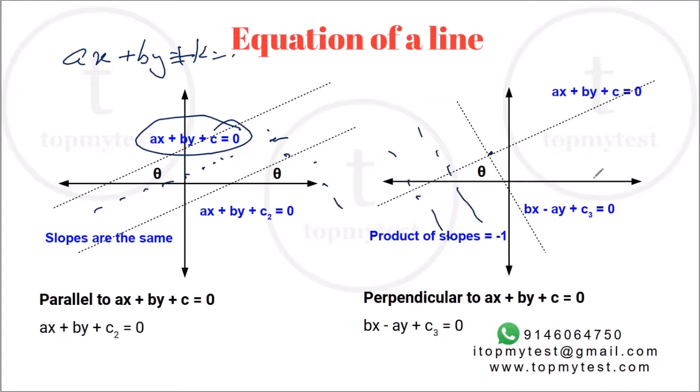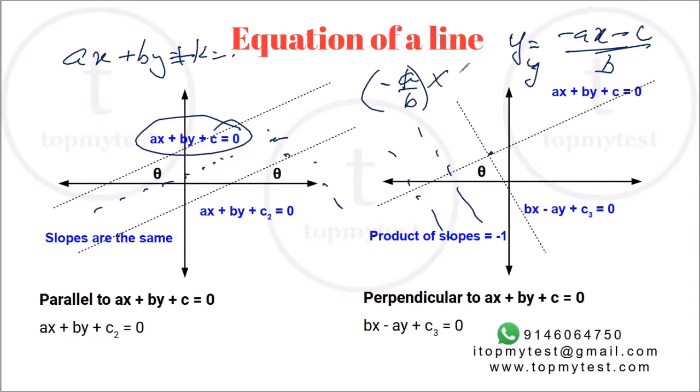So if this is the line, the slope of this line would be, from y is equal to minus ax minus c divided by b, minus a by b. So the slope of the other line would be this times some value. Let's call it slope 2, such that the product is equal to minus 1. So slope 2 would be b by a.